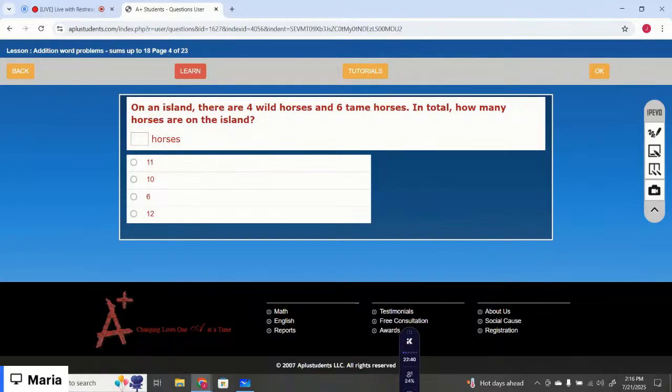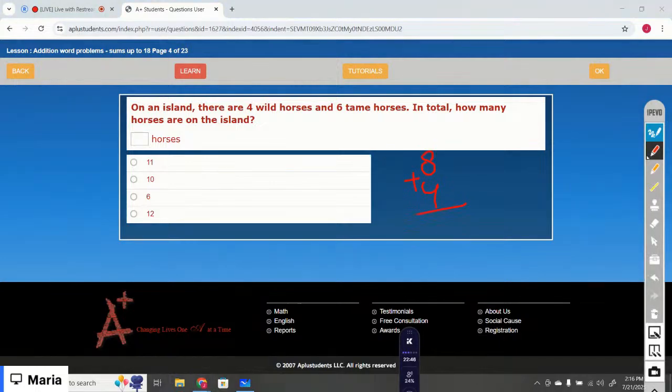On an island, there are 4 wild horses and 6 tame horses. In total, how many horses are on the island? So just add 6 plus 4 makes.